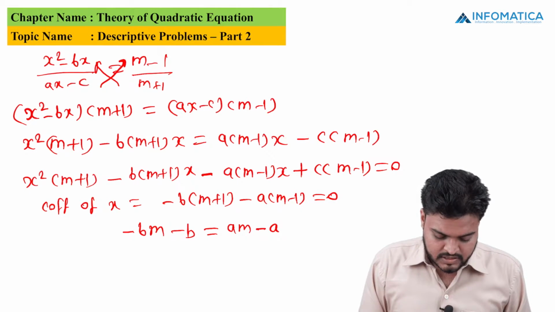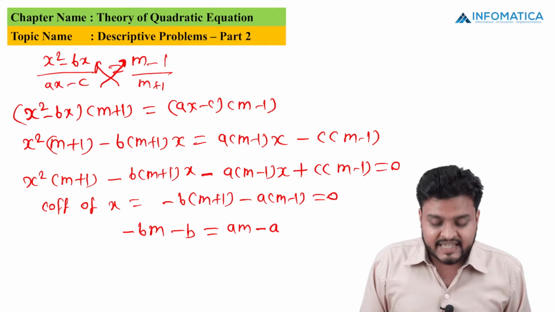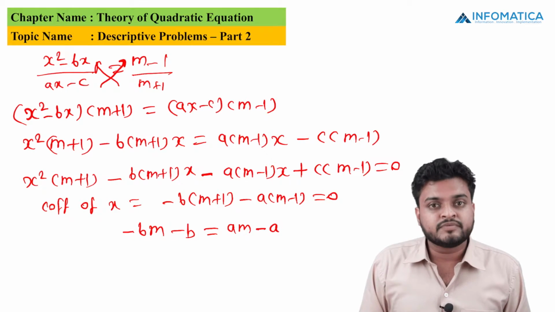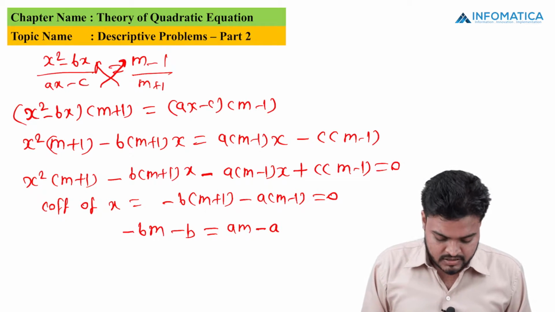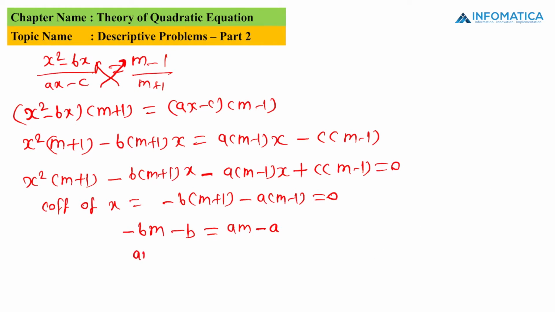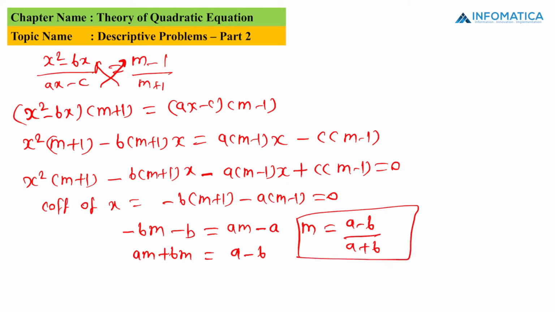Just take the terms containing m on one side and the constant terms on the other side. So what will I get? am plus bm is equal to a minus b, or you can write m is equal to a minus b upon a plus b. This is my final answer.